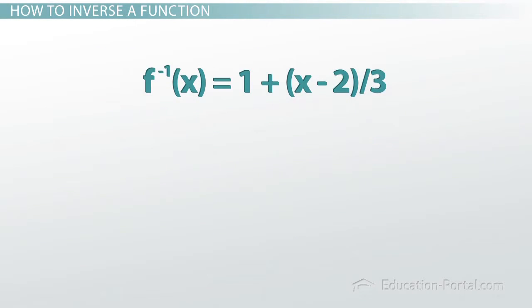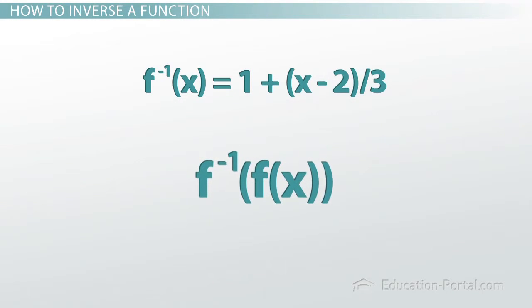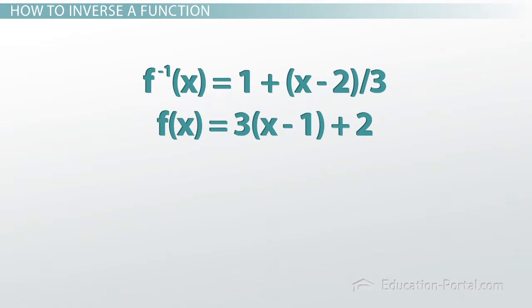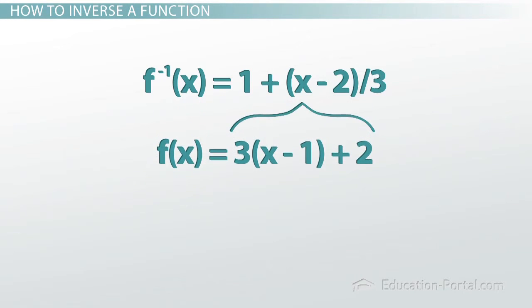Finally, I'm going to check my answer. So I'm going to find f inverse of f of x. To do this, I'm going to write f of x is 3(x minus 1) plus 2. I'm going to plug in my f of x as input to my f inverse of x. That means I'm going to plug this in right here.